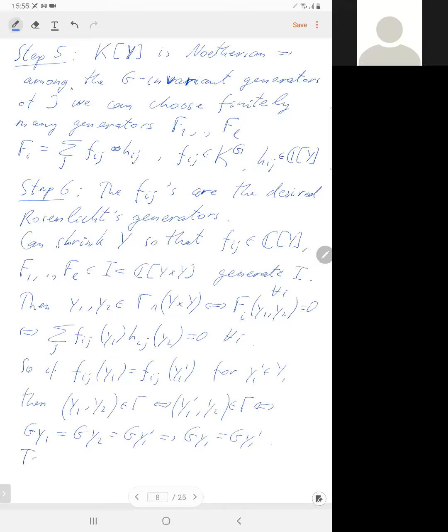Just take X prime, the saturation of Y. So as I explained, it may not be an affine subvariety, but never mind.